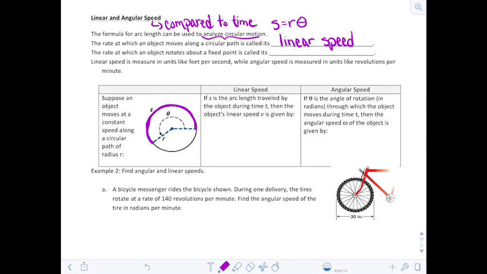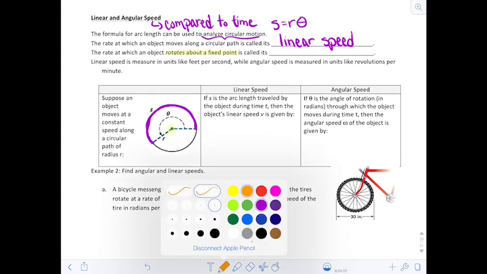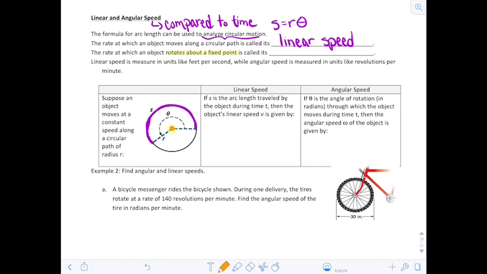Now, the rate at which an object rotates about a fixed point. If you pictured someone standing right there in the middle of the circle and following around and rotating like that dotted line rotates, that's angular speed, just rotating about a fixed point. This is not something that we're going to measure with a distance.